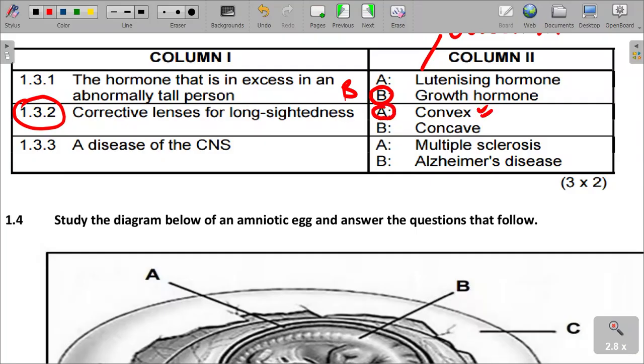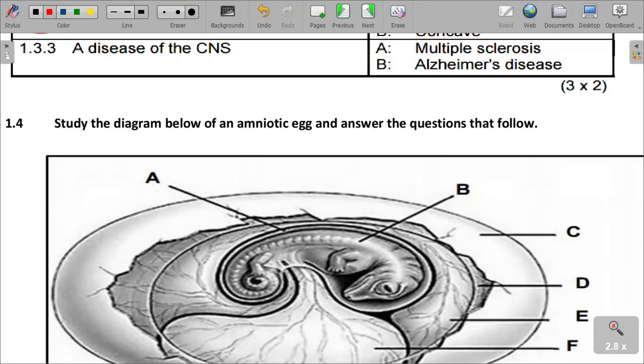The convex lenses are used as a remedy towards long-sightedness, and the opposite is short-sightedness, where a person can only see things that are near, which can be corrected by concave lenses. So sometimes we would say that the image falls within the retina, and then in long-sightedness, the image falls behind the retina. So we need to use convex lenses in order to increase the refraction of light such that the image can fall within the retina and on the spot.